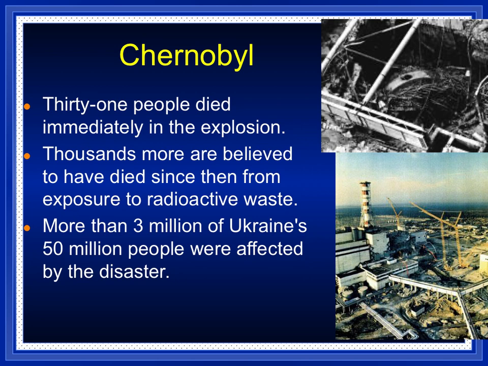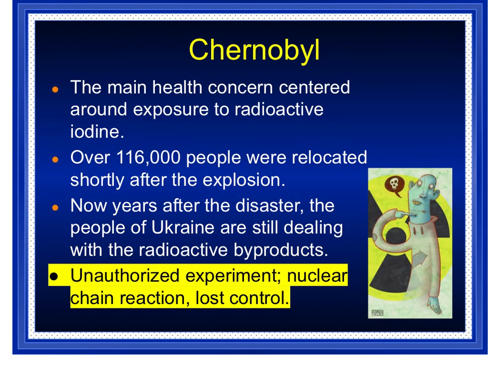31 people died immediately in this explosion. Thousands more are believed to have died since then from the exposure to radioactive waste. More than 3 million of Ukraine's 50 million people were affected by this disaster. The main health concerns centered around exposure to radioactive iodine.